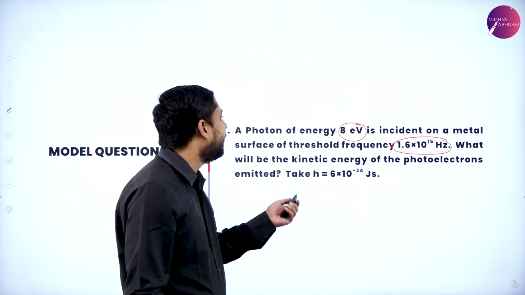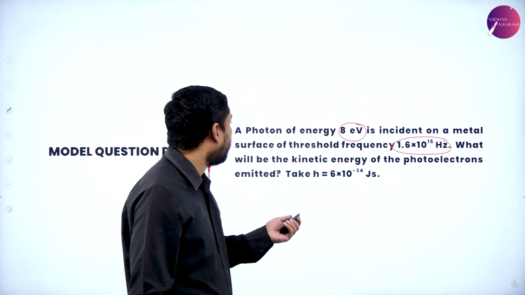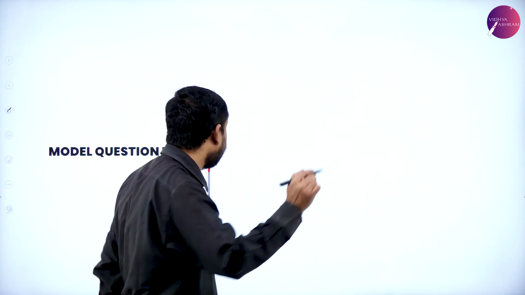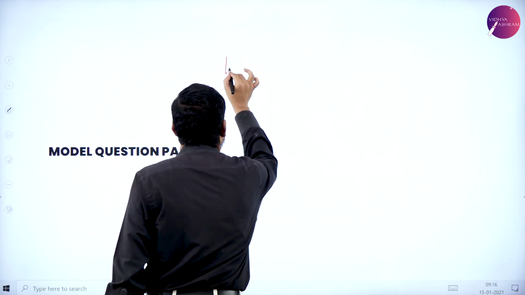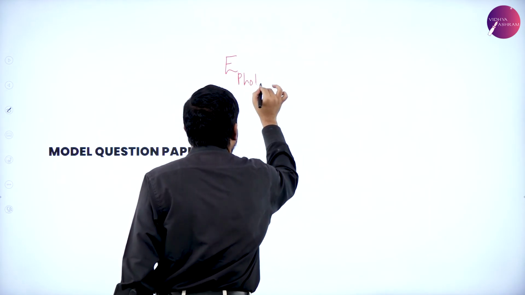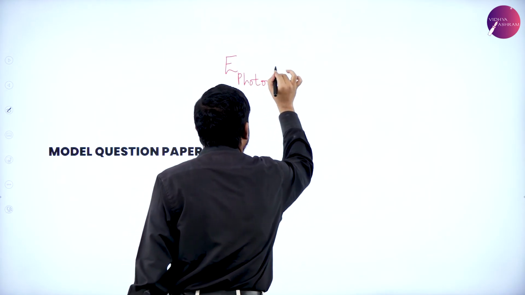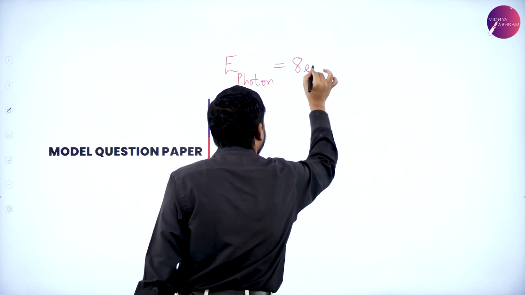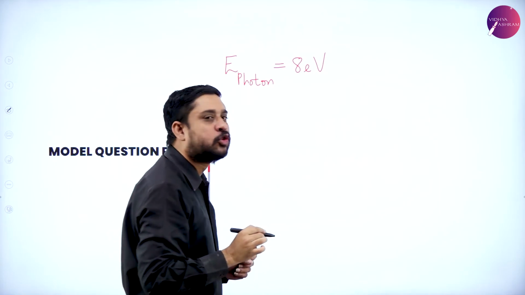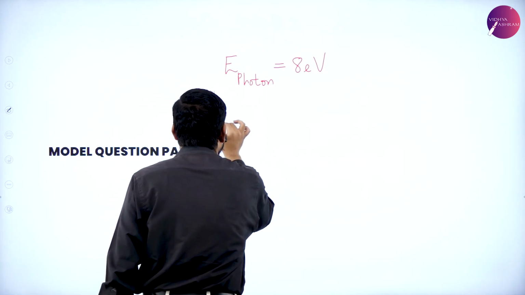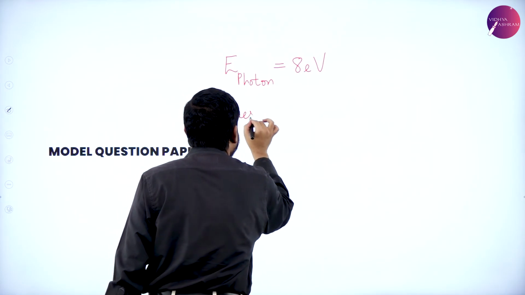What will be the kinetic energy of the electrons emitted? Now, energy of the photon is given to be 8 electron volt. Threshold frequency.